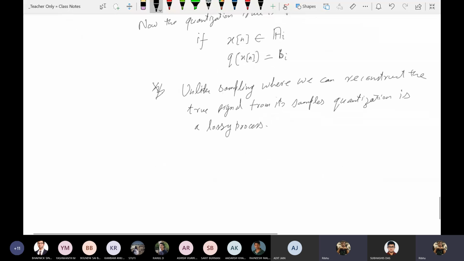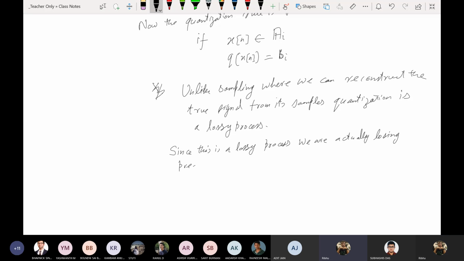So since this is a lossy process, we are actually losing precision when we quantize.